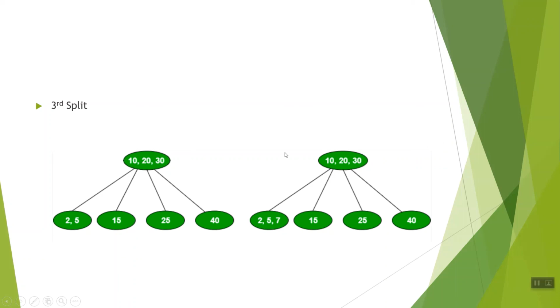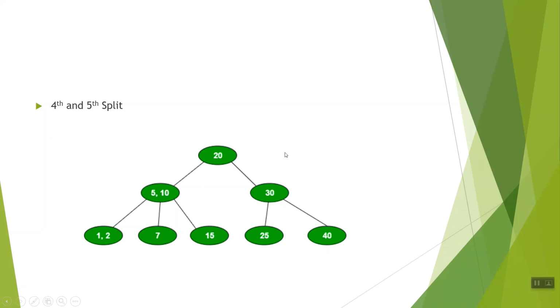One number will go up, that is 5. Now when 5 goes up, the root node will be split and 20 will go up. In this way 2 splits will be there. So in total 5 splits for the 10 successive insertions. 5 splits is the answer.